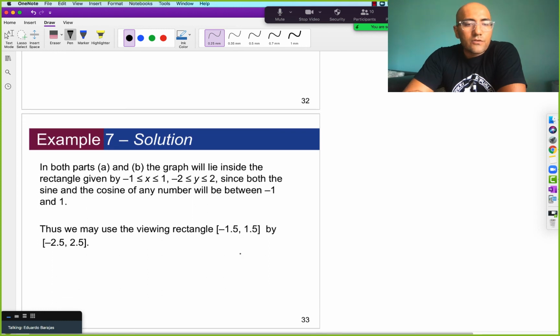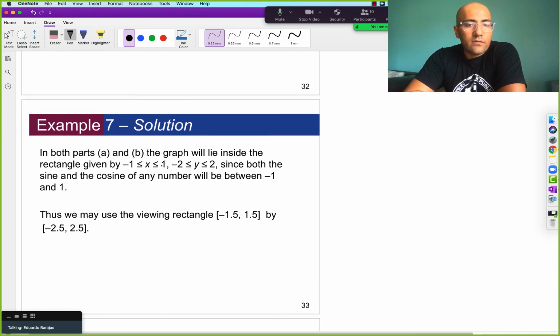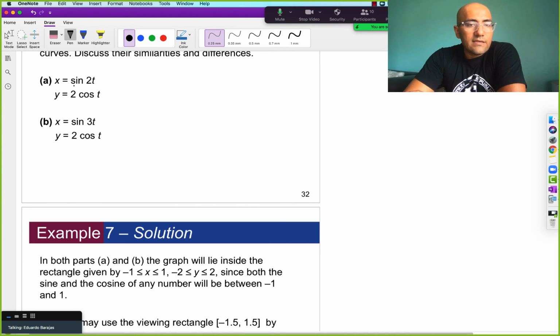Okay, so in both parts A and B, the graph will lie inside the rectangle given by -1 to 1, right? That's because the sine is bounded by -1 to 1. This 2 or this 3 changes how frequently we complete a period, so it'll oscillate faster through its period, but it doesn't change the amplitude of the sine function.